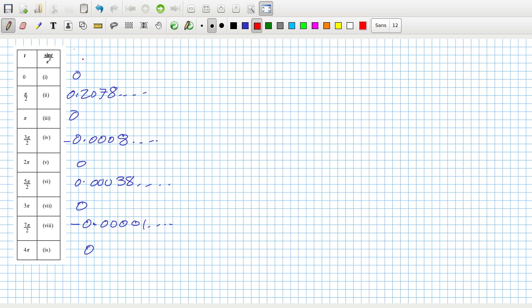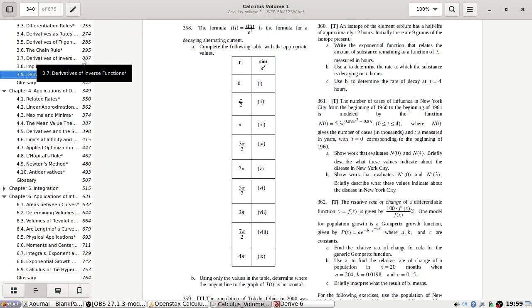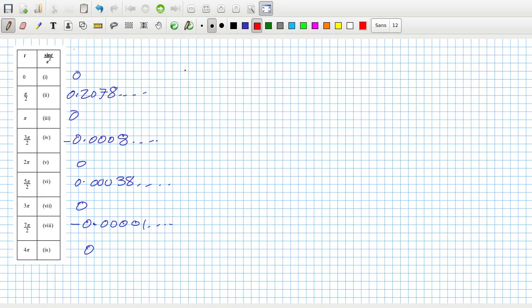So what are we to do here? Use only the values in the table to determine where the tangent line is horizontal. So if we just roughly sketch this out, start at 0, go up to positive, down to 0, down to negative.